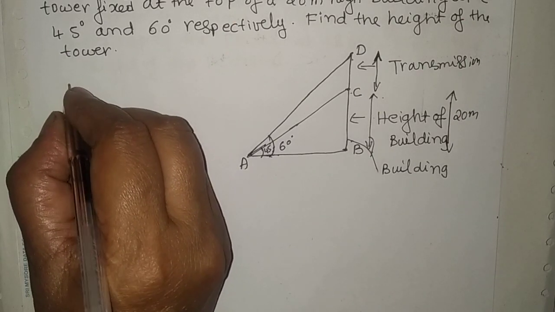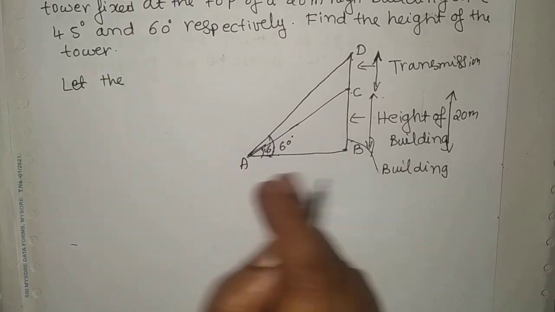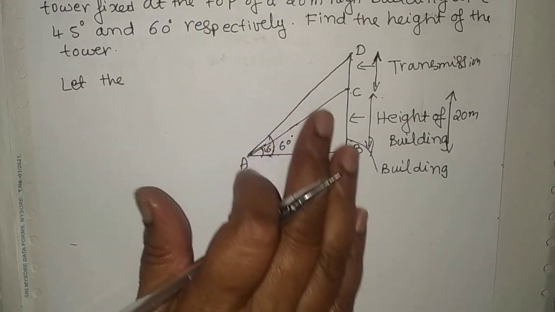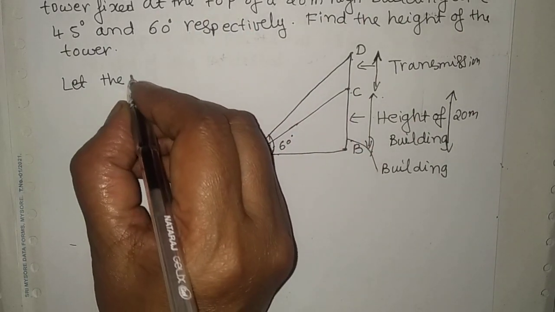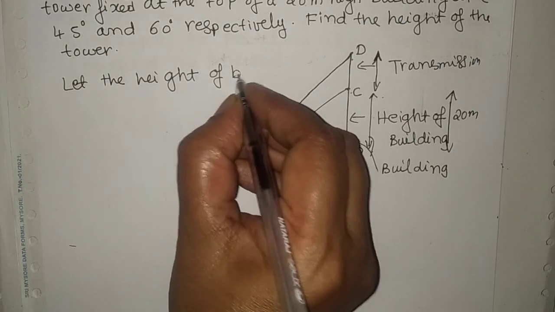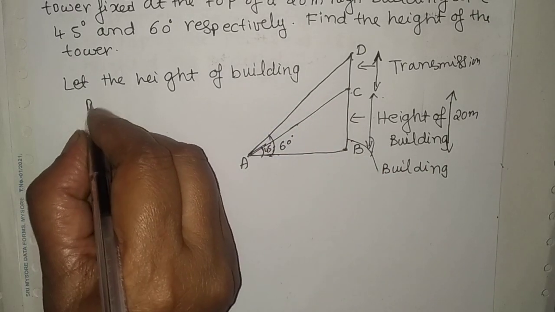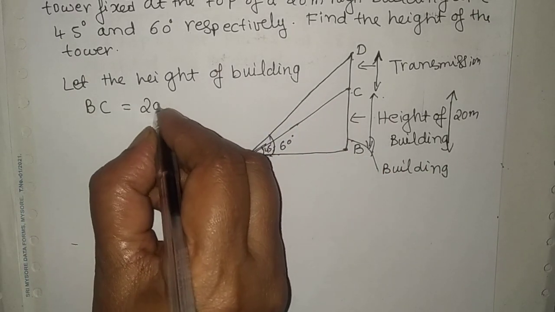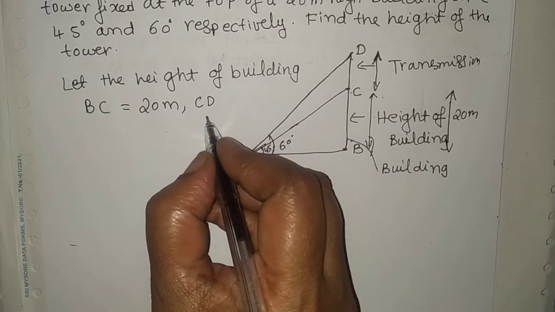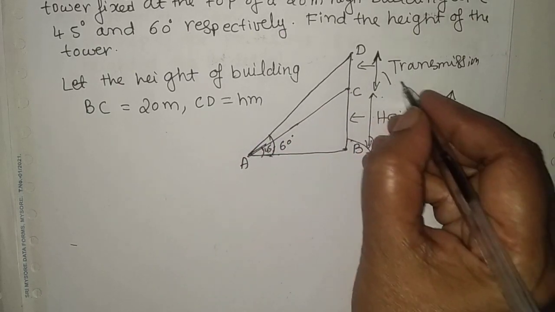So this is the pictorial or diagrammatic form of the question. Let the height of the building BC be equal to 20 meters, and CD, the height of the transmission tower, be H meters.